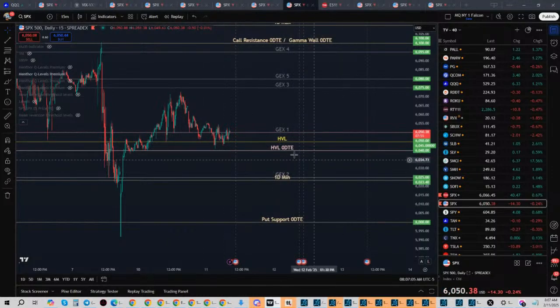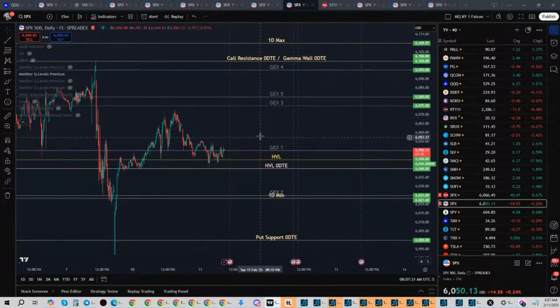Then the first thing we look at is, does this 60-30, 35 area hold and provide support, or does it break? If we break below the 60-25, then we can get attracted toward this area, but also bounce back up toward here.